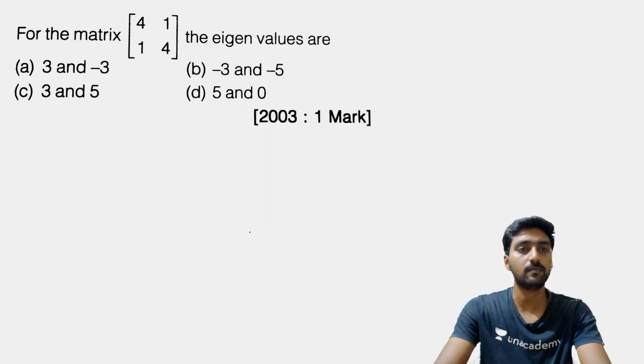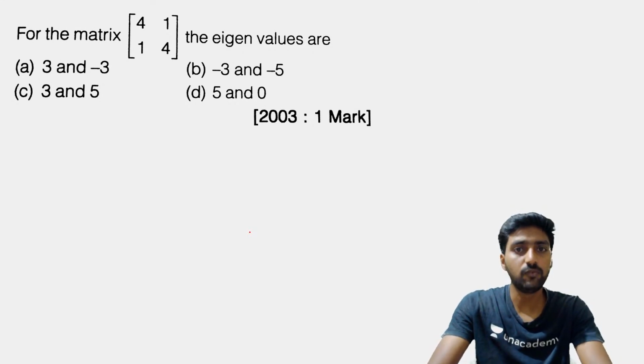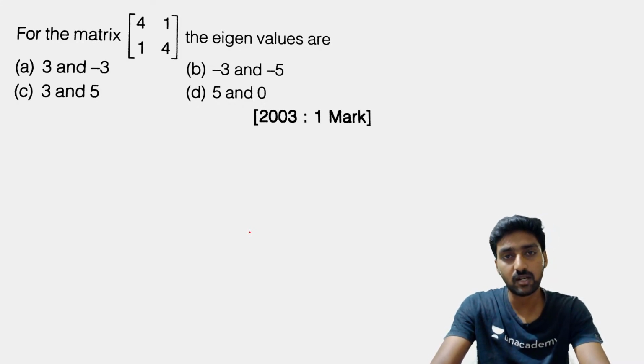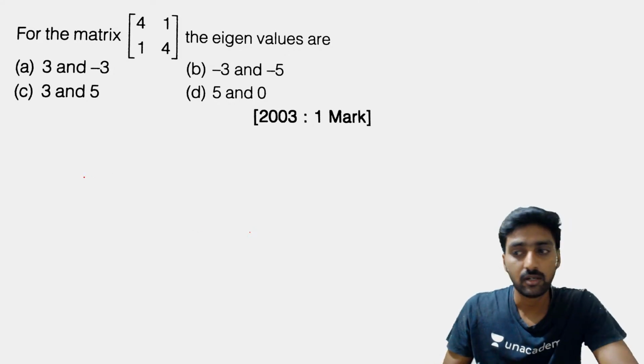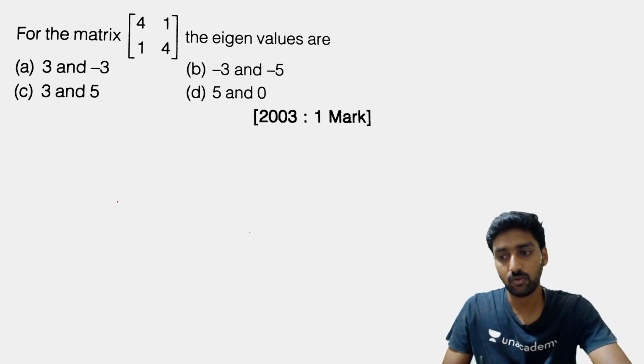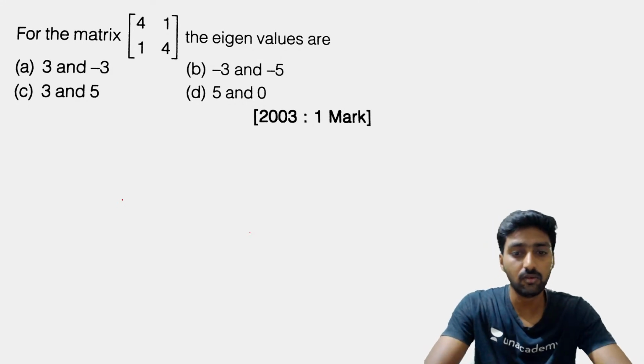First question. For the matrix [4 1; 1 4], what are all the eigenvalues for this matrix? There are two methods we can apply. Method 1, formula based method.